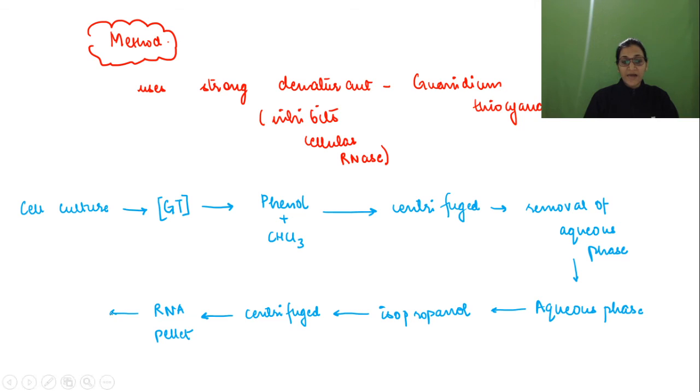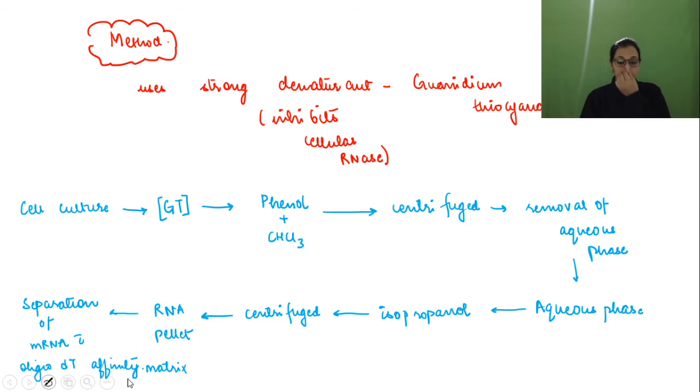When we get the RNA pellet, it will be separated on the oligo DT column. Separation of mRNA with the oligo DT affinity matrix is done. So this is the method.